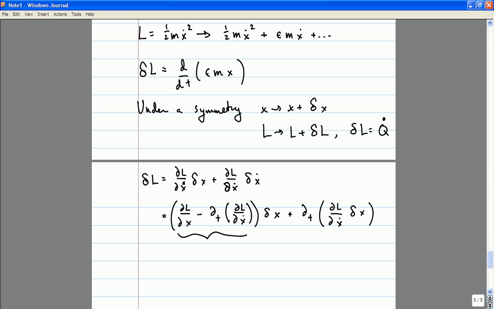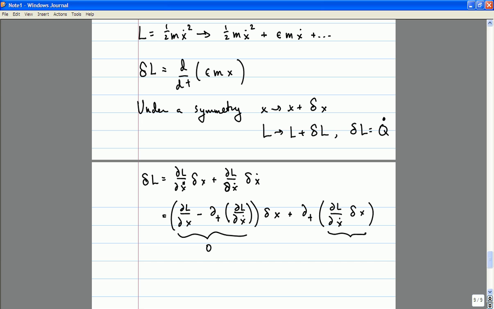So that's equal to 0 for a solution of the equation of motion. So if your Lagrangian is unchanged under an infinitesimal deformation, that means that this quantity here, dL/dẋ times δx, is a constant of motion.